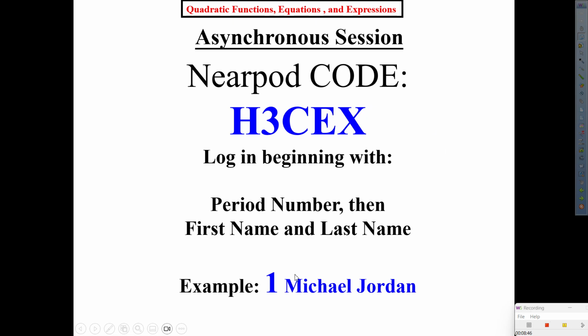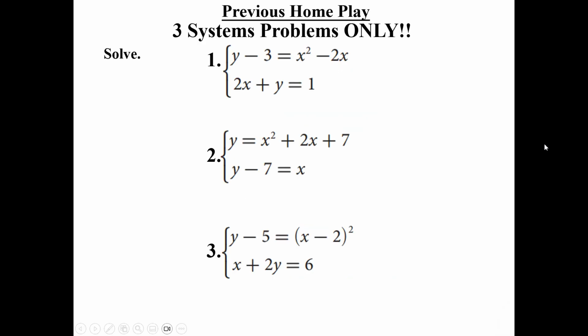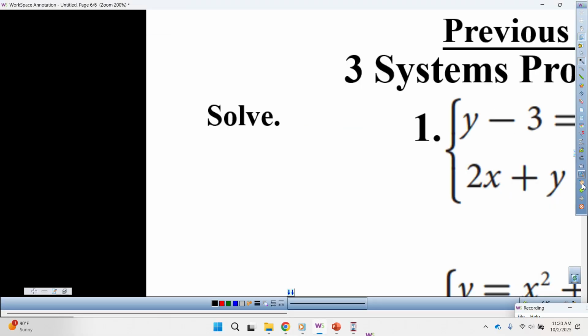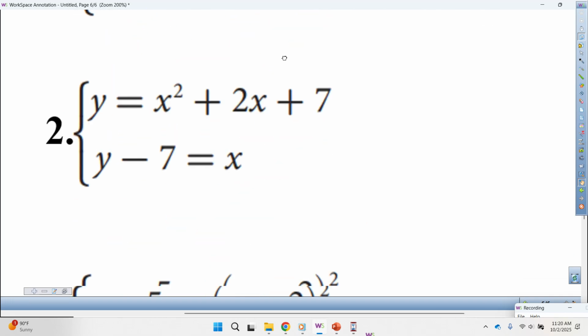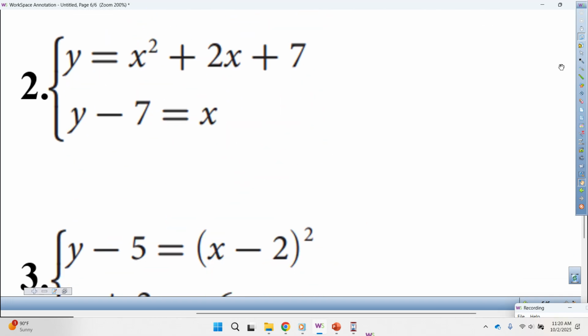All right. So last night's home play was this one, and one of your colleagues asked, Mr. Q, could you go over number 2? Of course.